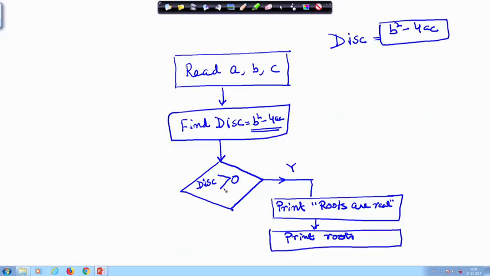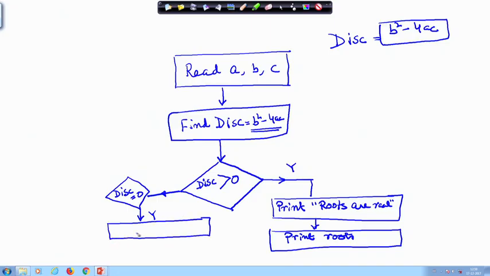If the discriminant is not greater than 0, then I come here and I check whether discriminant is 0. If yes, then my decision is roots are equal, and then I go and print the roots.